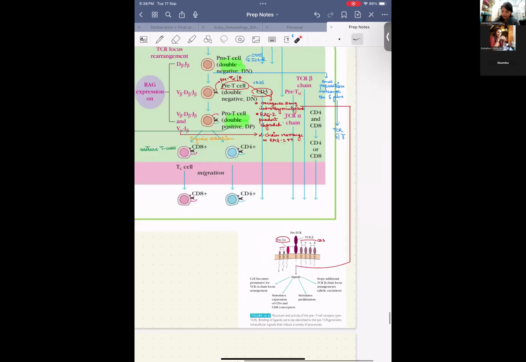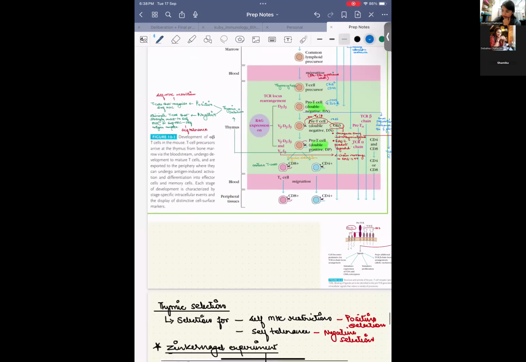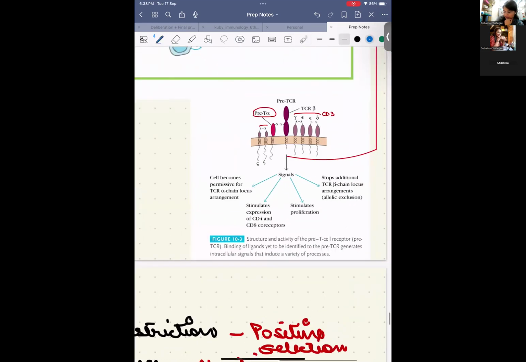So we have two things. This is the first stimulation. And at the same time, the cell is getting an instruction that I do not have to rearrange the TCR beta any further, which also forms the basis of allelic exclusion. This we have discussed in B cells. In a very similar manner, allelic exclusion is also happening here, in the case of the beta chain.